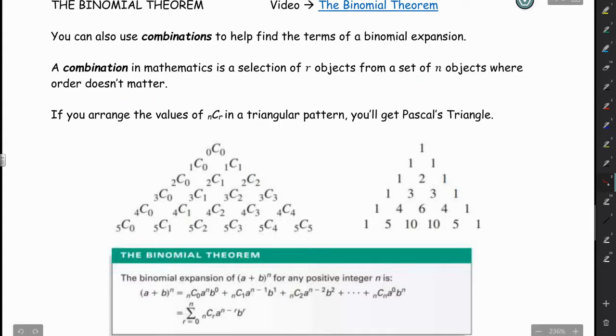And if you arrange the values of N combination R in a triangular pattern, you will also get Pascal's triangle. So now we're taking this one step further, and we're saying that we don't even need to remember Pascal's triangle or write it all out. We can just use N combination R. And here we go. We have the official binomial theorem, which I'm sure looks very intimidating, but we're going to break it down.